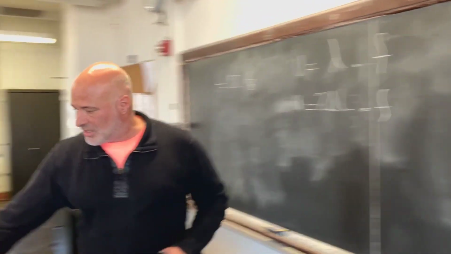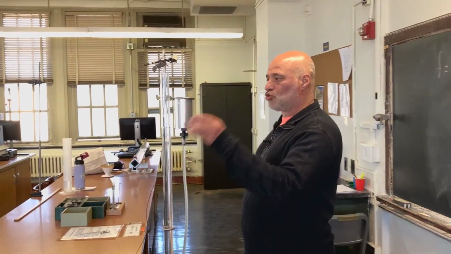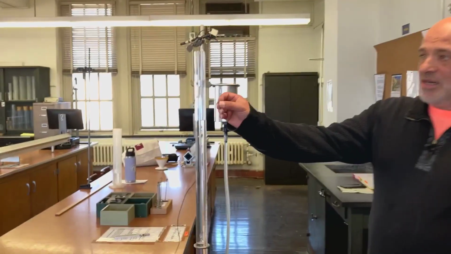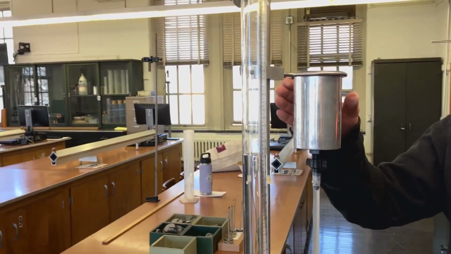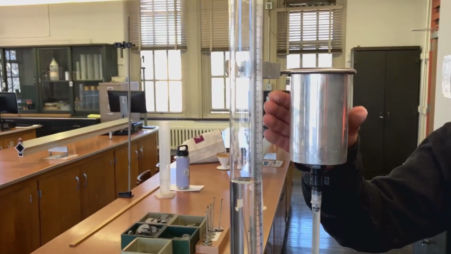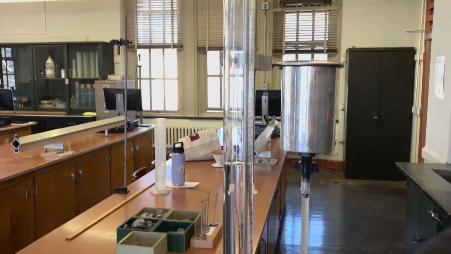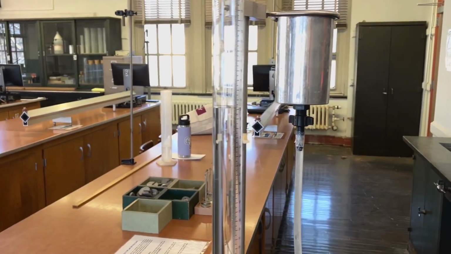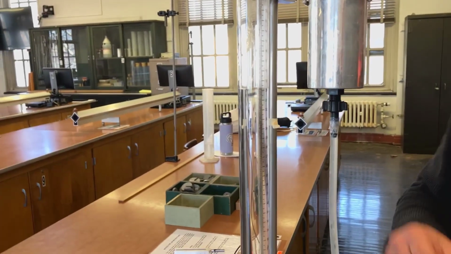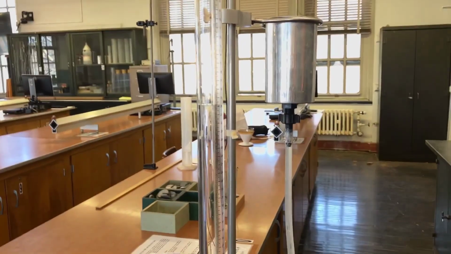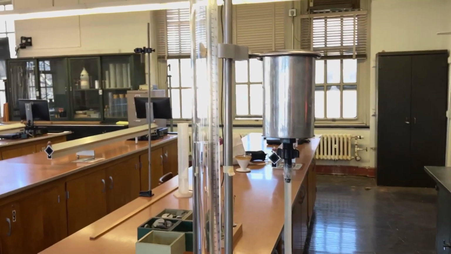In order to do that, we are going to use this system that has 2 pipes, one which is the measuring pipe that is fixed, and a water reservoir, such that when we move the water reservoir up and down, the level of water will be moving up and down, and this will allow us to precisely determine the length of the air column.